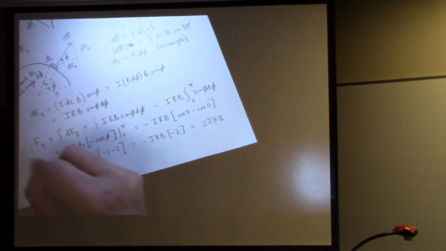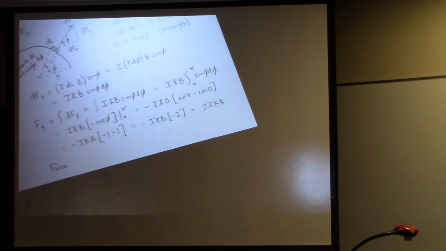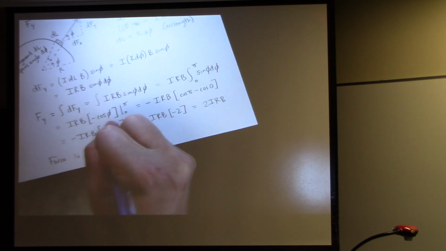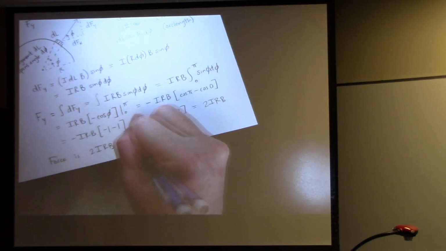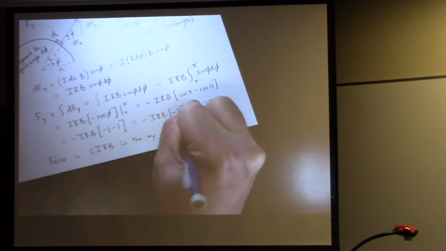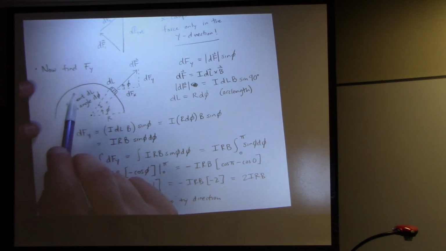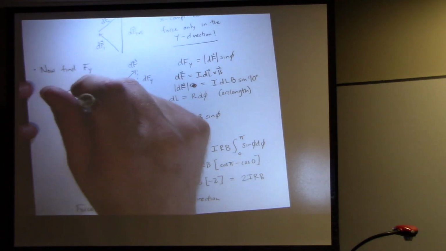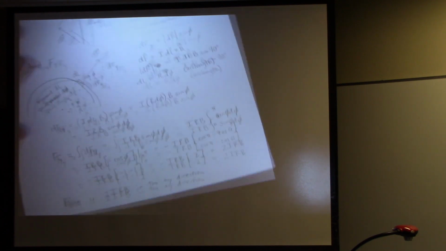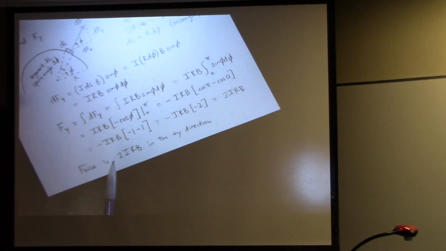Okay, so the force is 2 times IRB in the positive y direction. So if you put half of a circle carrying a current in a magnetic field that's pointing into the page, that's the force that it's going to feel. 2 times IRB in the y direction.